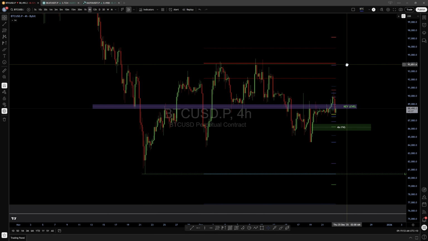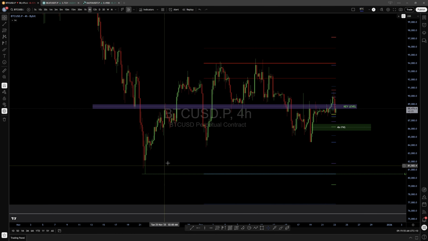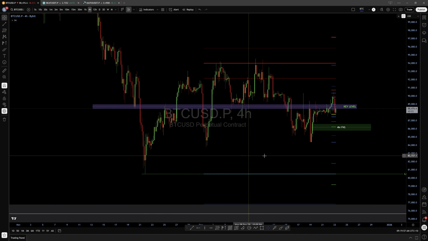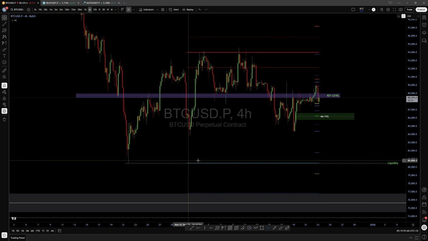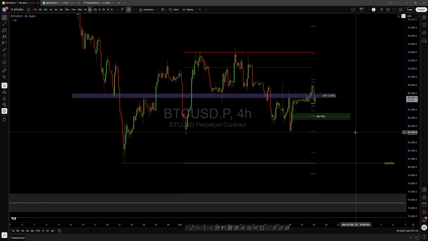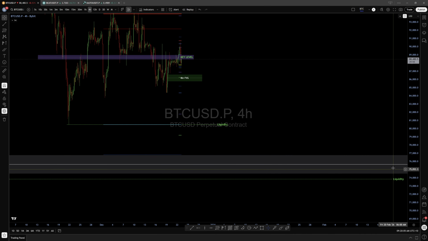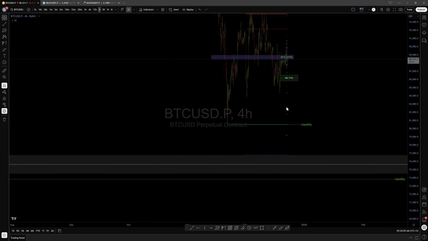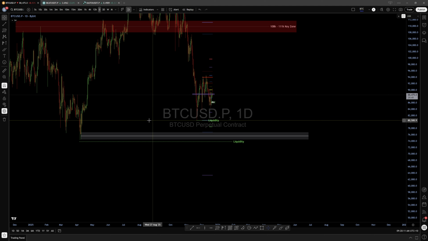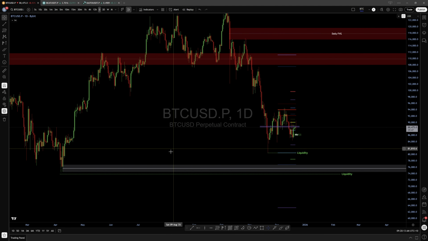But I'm leaning bullish because it hasn't kept going lower yet. It may come down for some liquidity. It may come for the fair value gap. Just watch. If it goes below 70, let me show you here on the daily. Going below this area would invalidate the bull div.